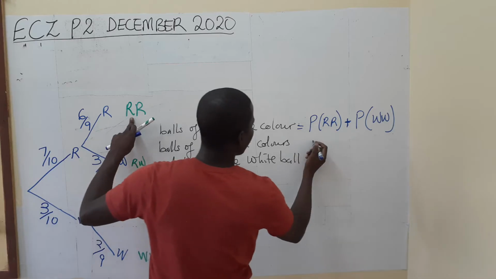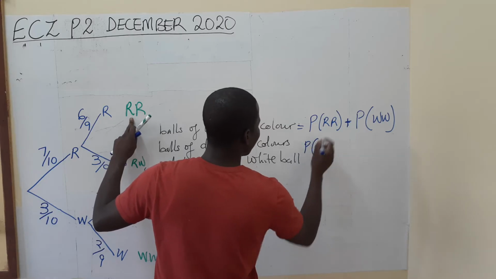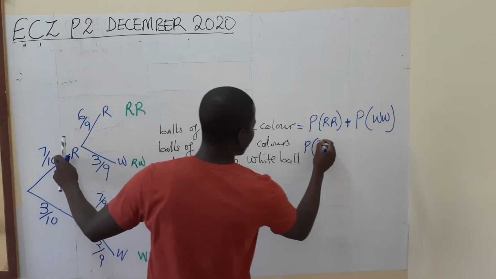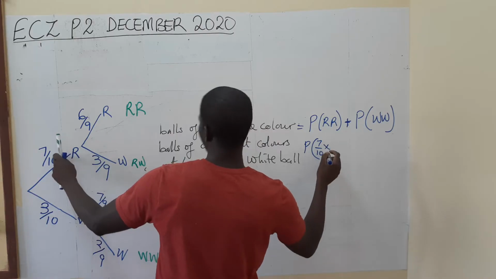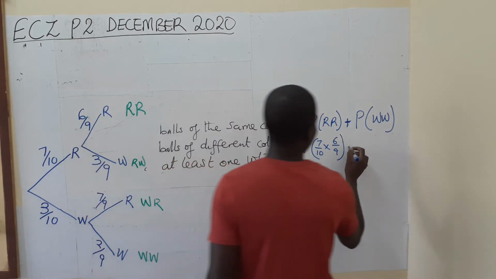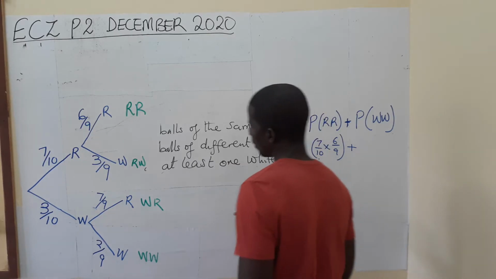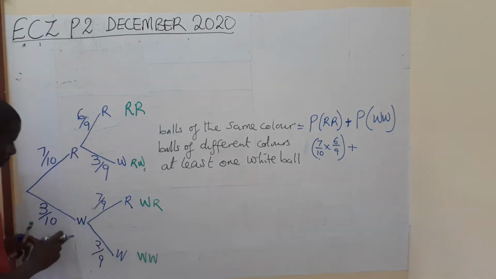What did we say here? Where we have red, we dealt with it. It was 7 over 10 multiplied by 6 over 9, plus this part. I can ignore this one. For white, both of them are white.